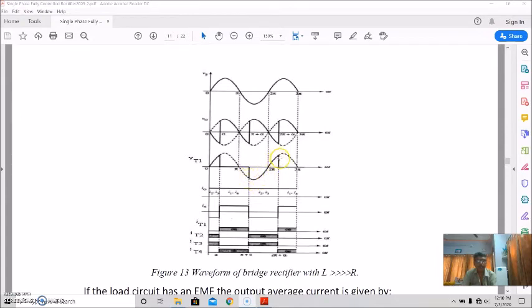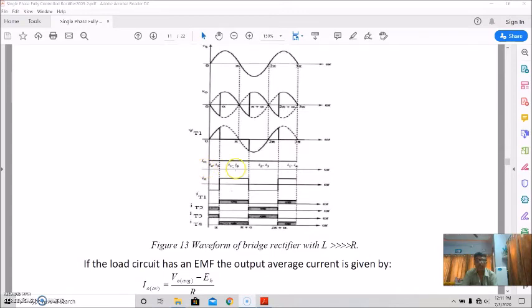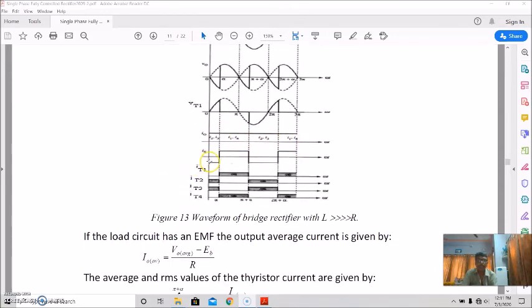This is for forward blocking delay, this is for conduction and so on. And this is the output current. This is for I1, I4, this is for I2, I3, and so on. And this is the source current. And these are the current waveforms of thyristors 1, 2, 3 and 4.